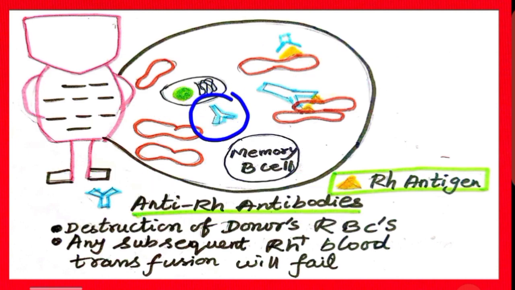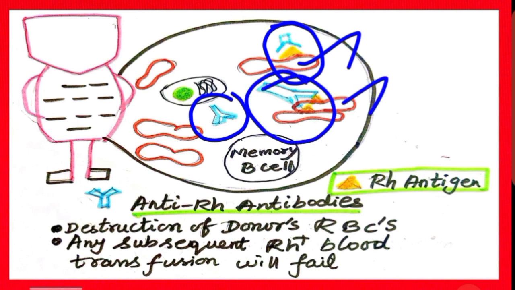See, these Rh antibodies easily recognize the Rh antigen. Then they bind to the donor RBC, right? This would result in destruction of the donor's RBC.